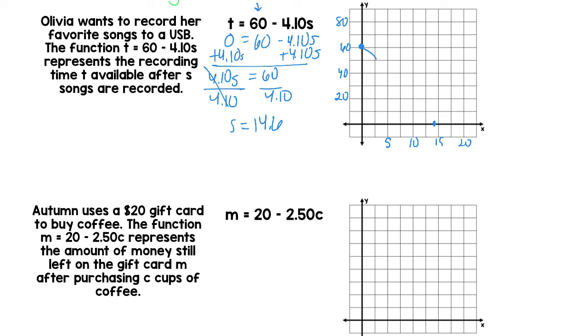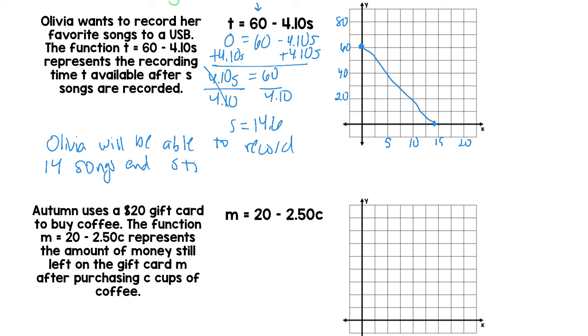And we can connect the dots. That's what our function looks like. So we can tell from just the x-intercept that Olivia will be able to record 14 songs and still have some space left over.